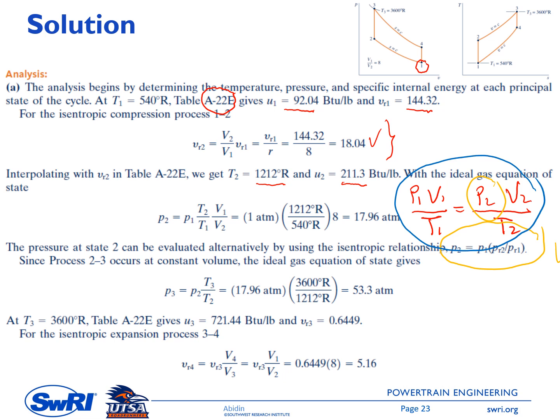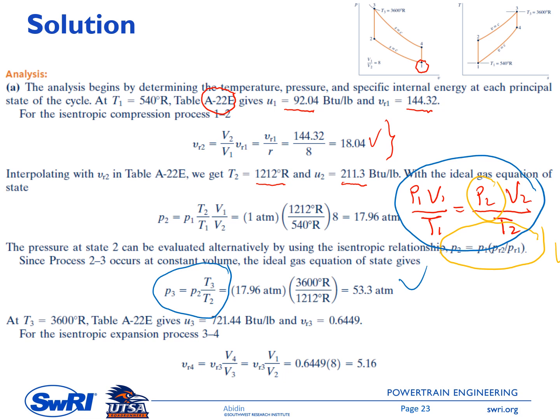You only get the correlation P2 over T2 equals P3 over T3. So you can get P3 using this correlation. P2 is 17.96 atmosphere, T3 is given 3600 degree Rankine, and T2 has been calculated as 1212 degree Rankine, so you should be able to get P3.